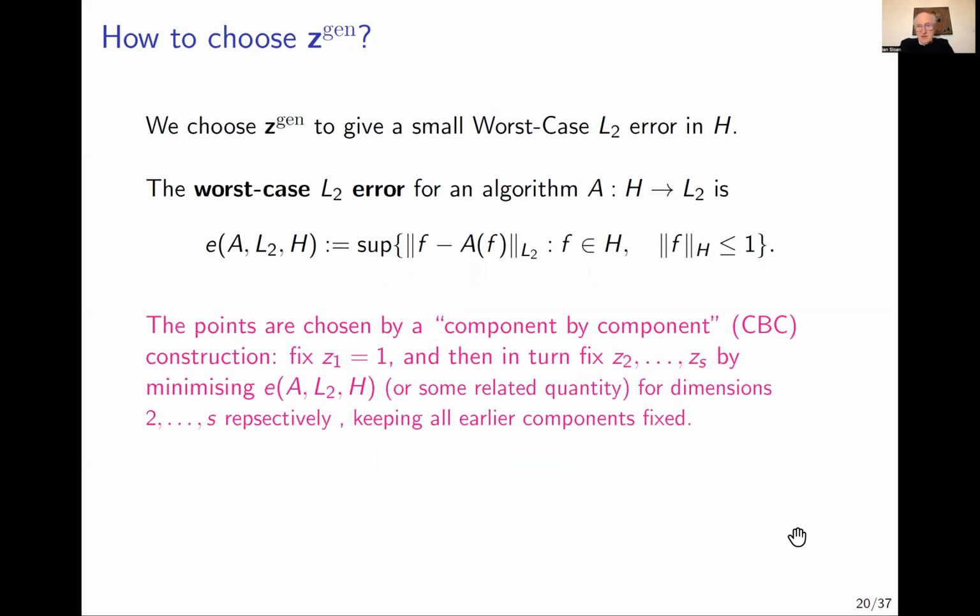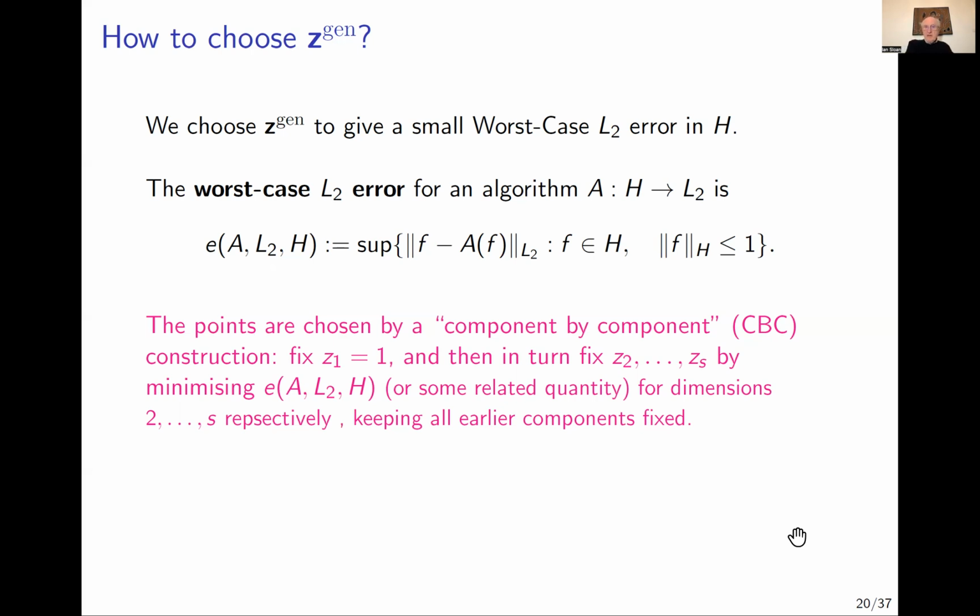The worst case L2 error for some algorithm A, from H into L2, is defined there as e of A, L2, and H. It's the supremum or maximum of the norm of f minus A f in L2, for all f in the unit ball of H, for all f with H norm less than or equal to 1.